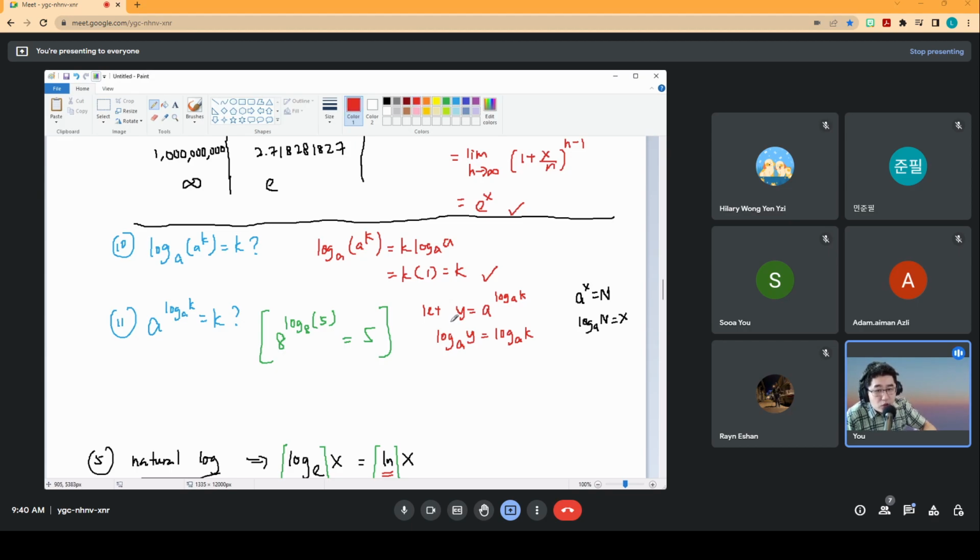Now you see that there is a log a on both sides, so of course the log a can be cancelled off. Well, y equals k. It's true. Can you see it?